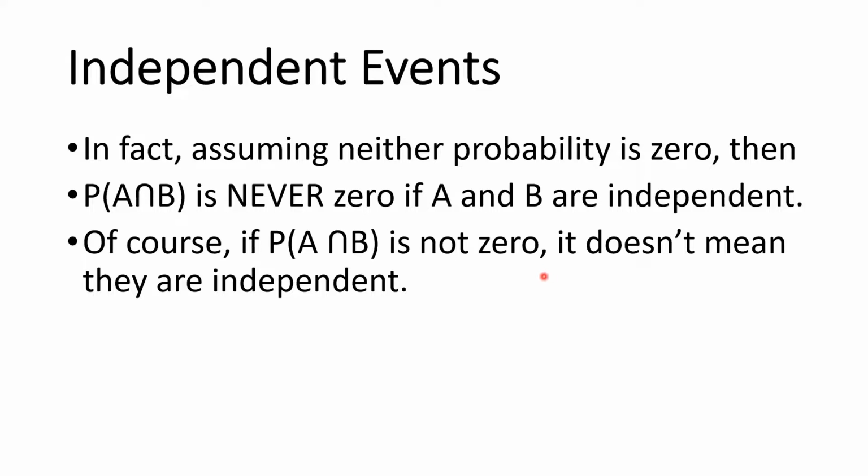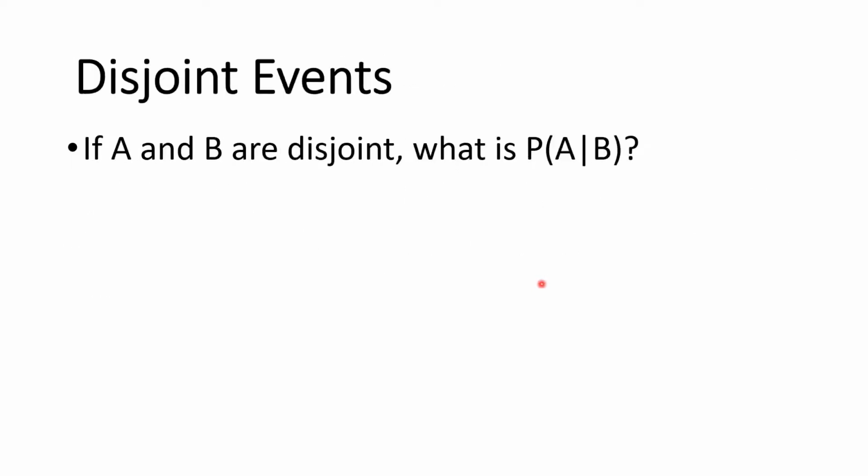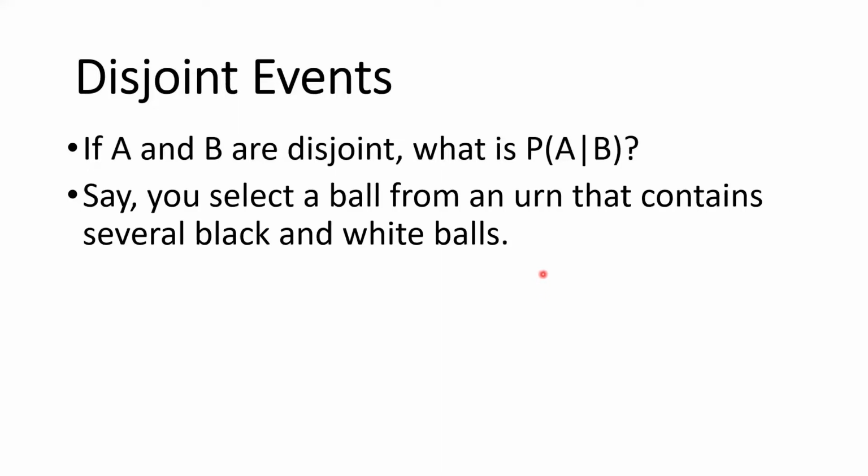Okay, there's something else you should be aware of. Let's go back to the disjoint events. So if A and B are disjoint, what is the probability of A conditioning on B? Say you select a ball from an urn that contains several black and white balls.